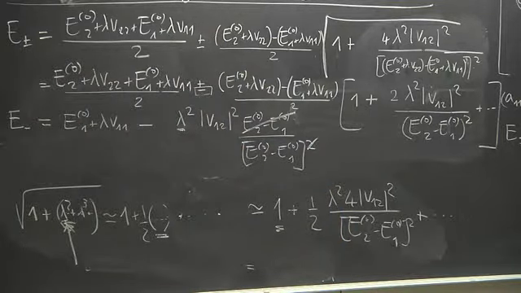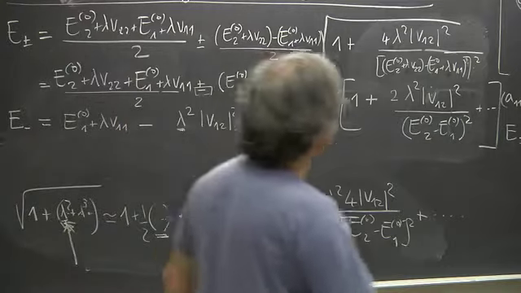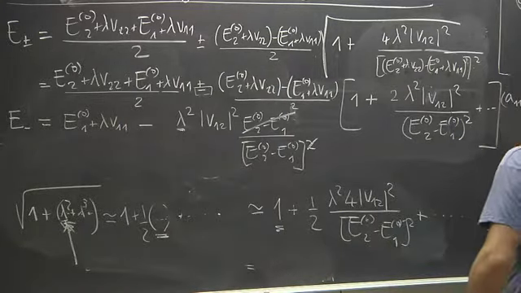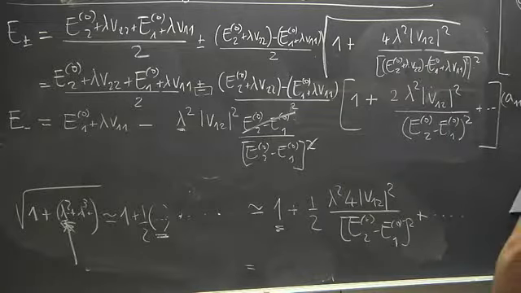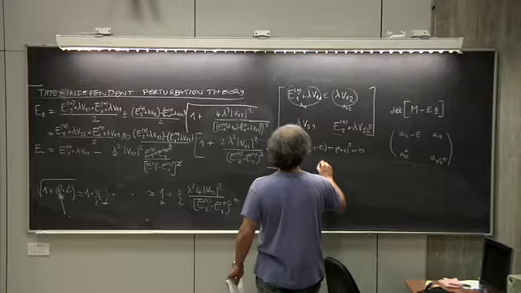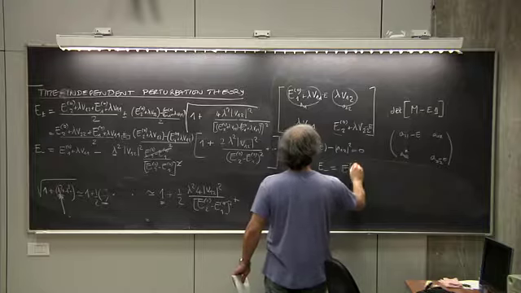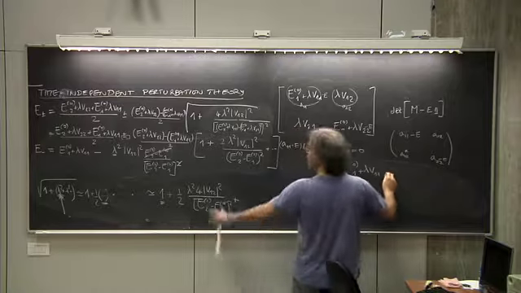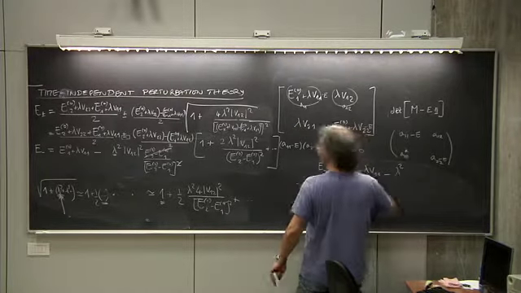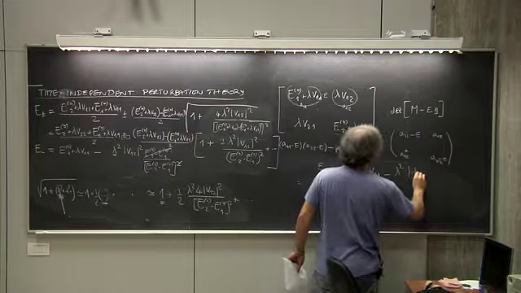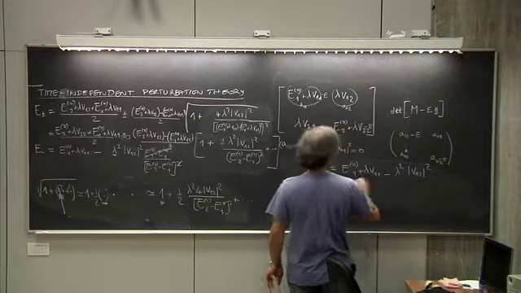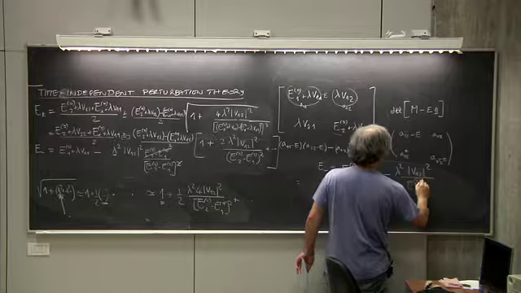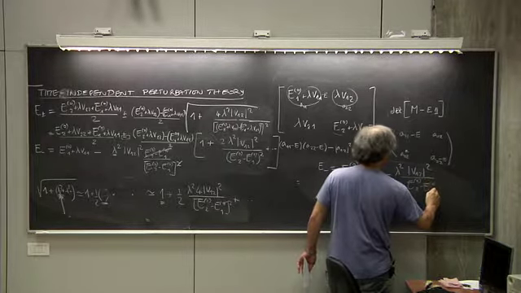Okay? So result is, just to summarize here, that E minus is equal to E01 plus lambda V11 minus lambda square |V12|^2 divided by E02 minus E01.